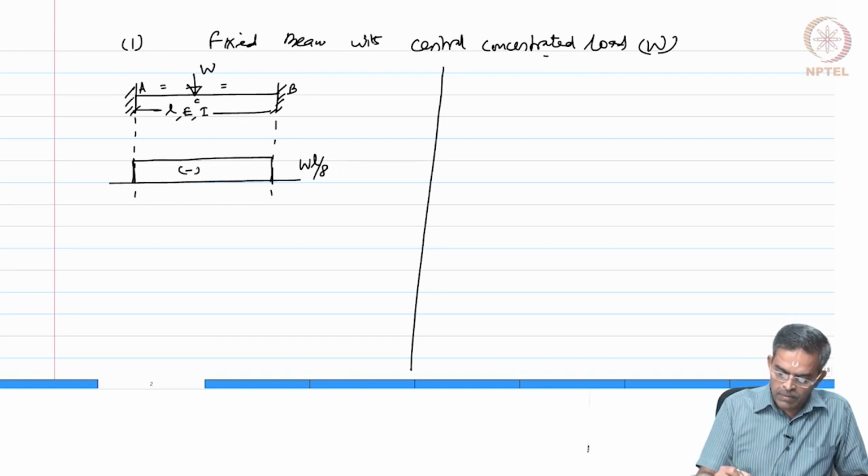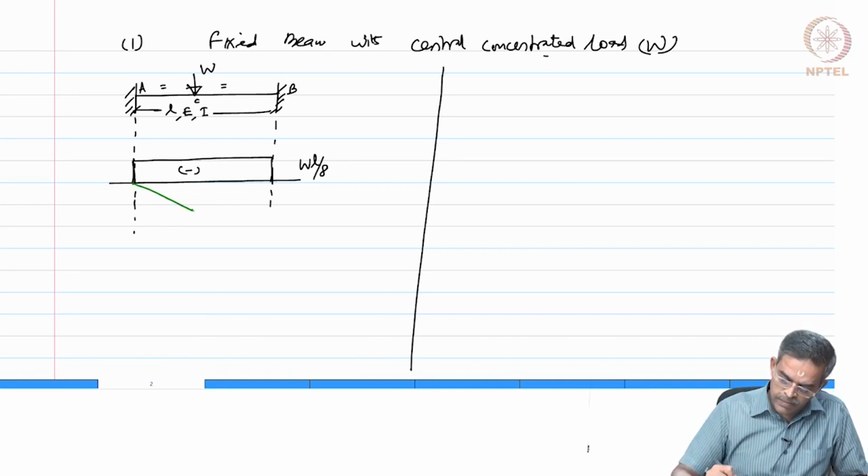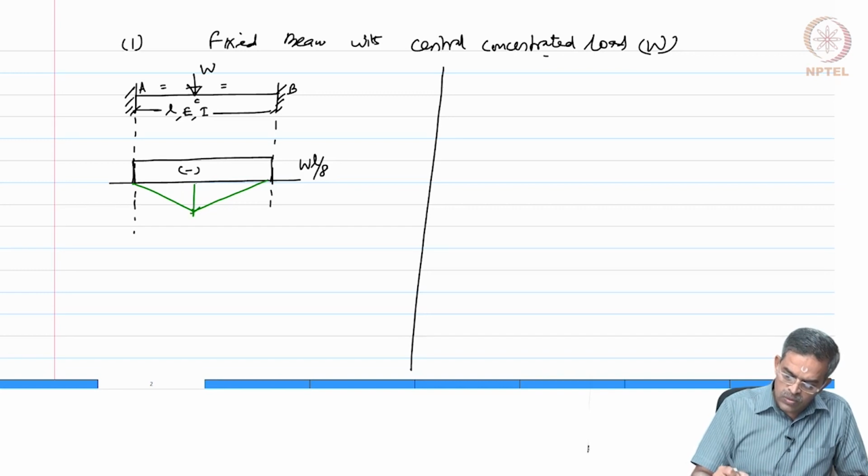Okay, negative bending moment. Then there is a positive bending moment at the midspan, which is equal to WL by 4.